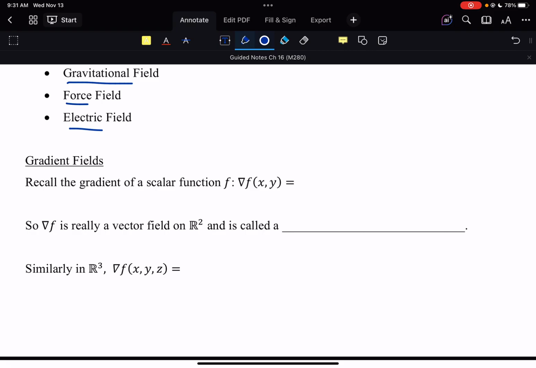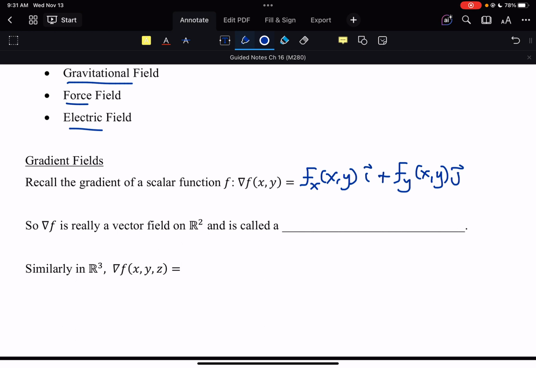So we need to think back to a couple chapters ago when we learned about the gradient vector. The gradient of a scalar function, grad f, or del f of xy, is equal to fx of xy i plus fy of xy j.